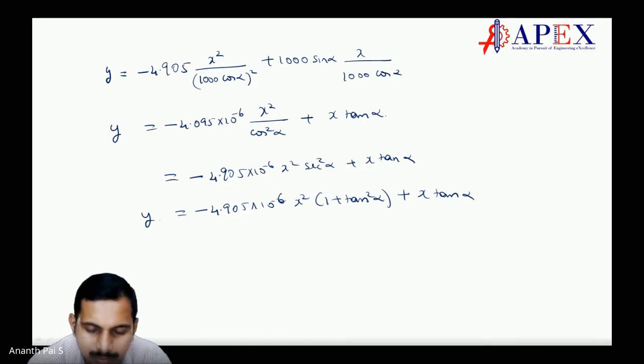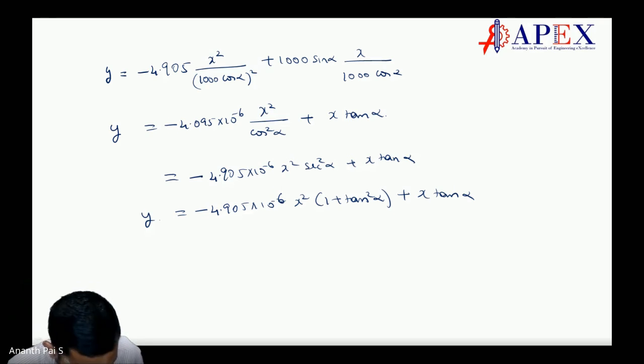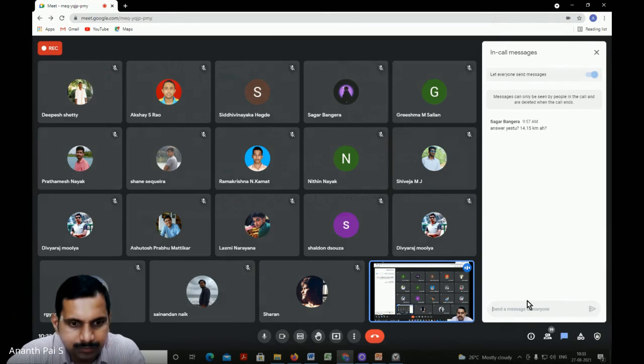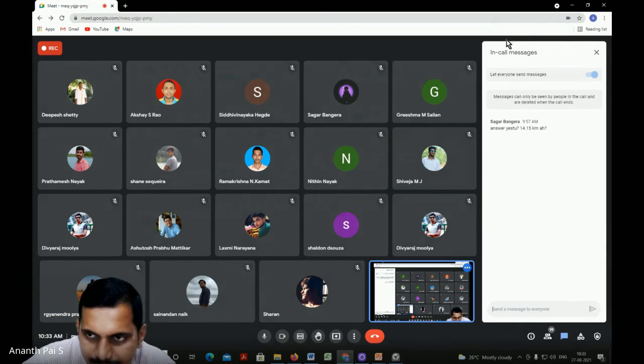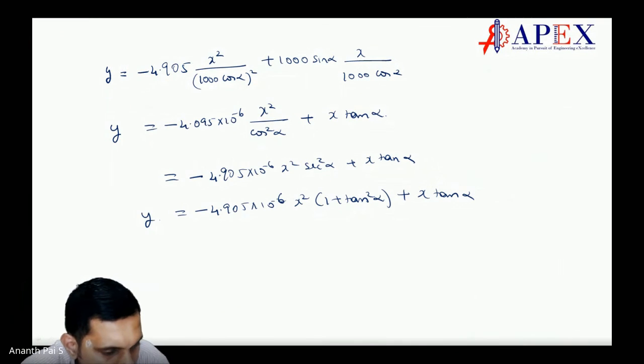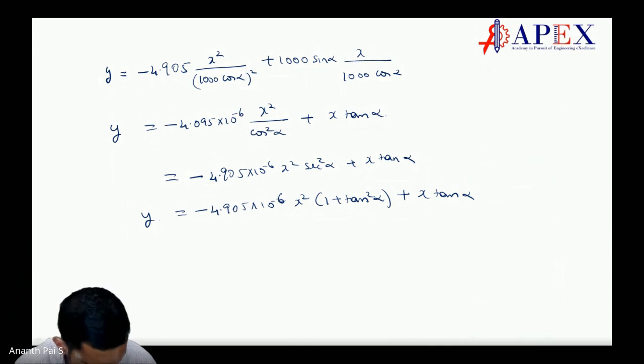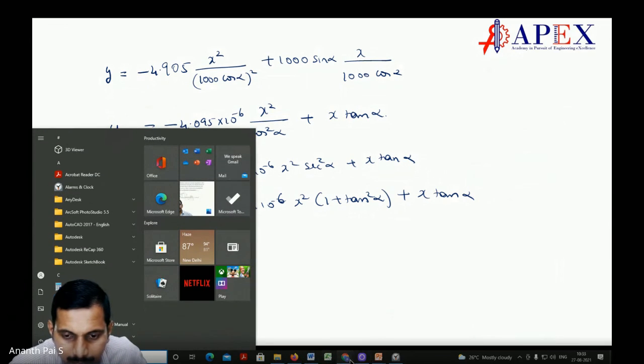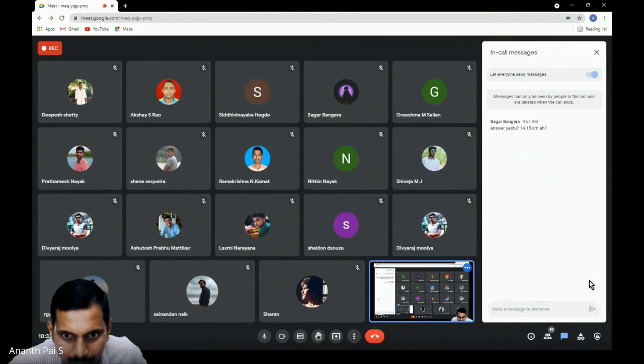Put the answer one by one here in the chat box. Put the answer, everyone. Here, alpha. Or you say got. If you got, say similar answer. You can put got here, okay? Once you get the answer.